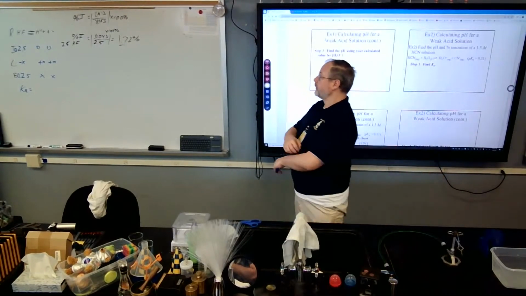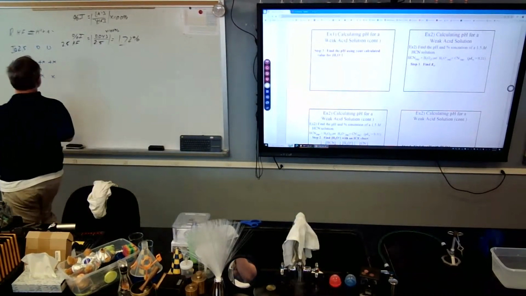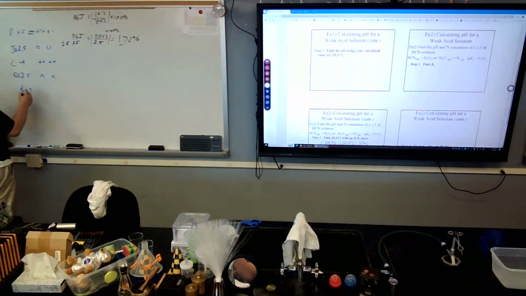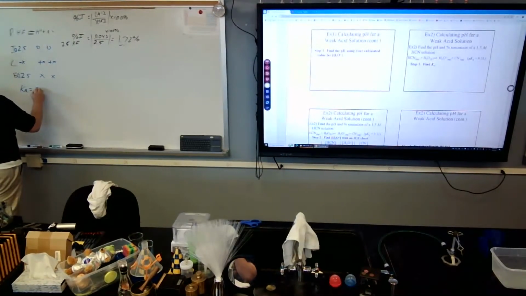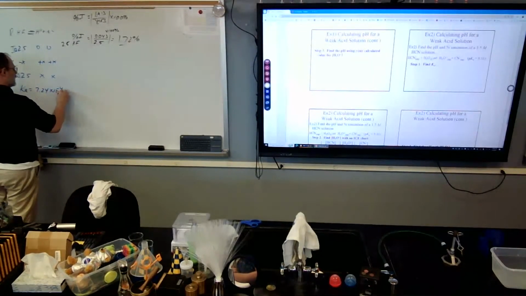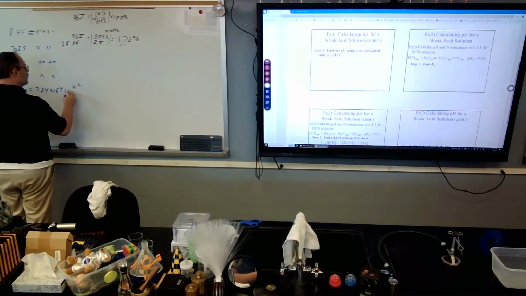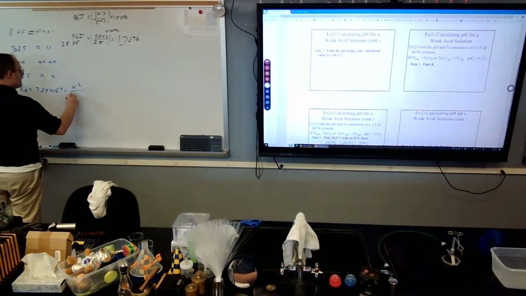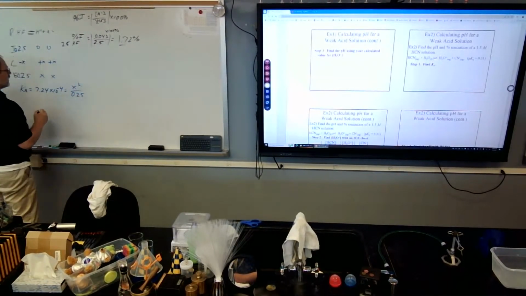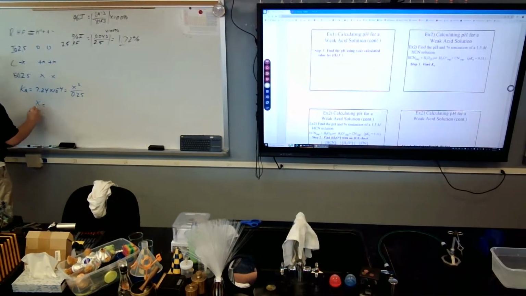Temperature. Good. So what was the original Ka you solved for? 7.24 times 10 to the negative 4. And it still equals x squared, but now in the denominator, it's 0.25, not 2.5. So now what is the x?